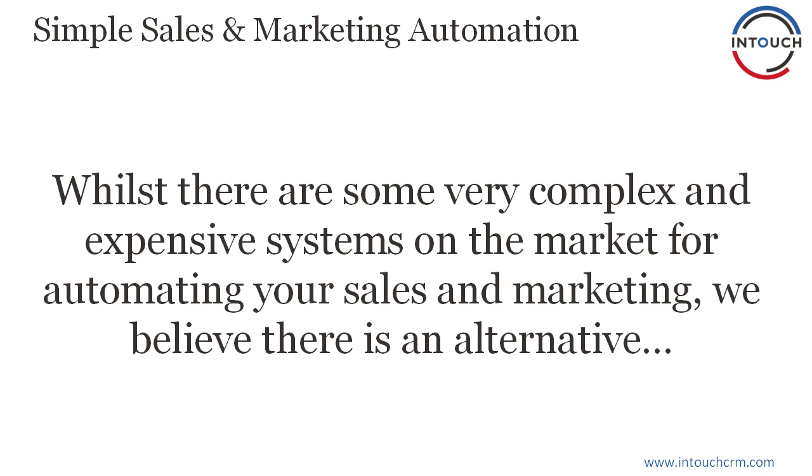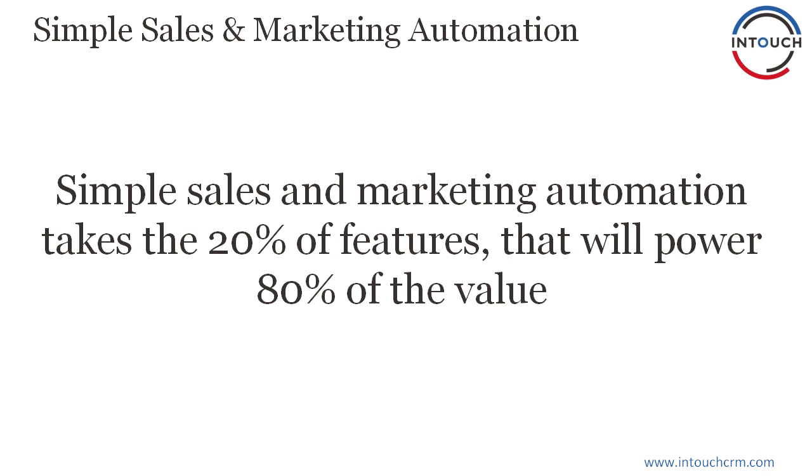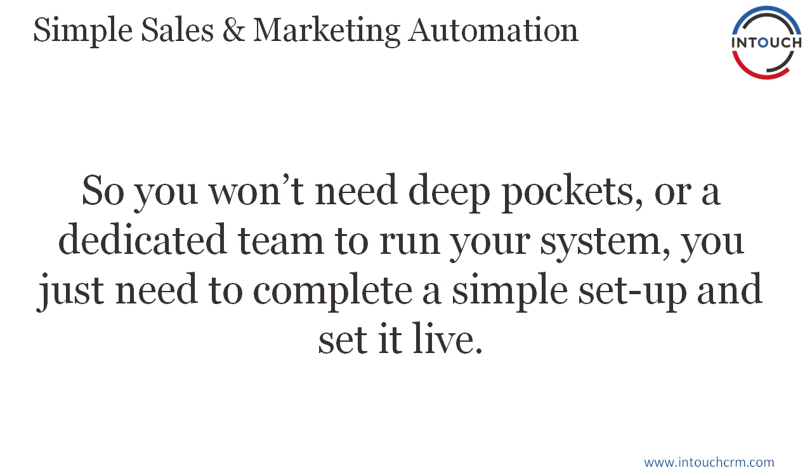Whilst there are some complex and expensive systems on the market for automating your sales and marketing, we believe that there's an alternative. We call this Simple Sales and Marketing Automation. Simple Sales and Marketing Automation takes the 20% of features that will power 80% of the value. So you don't need deep pockets or a dedicated team to run your system.